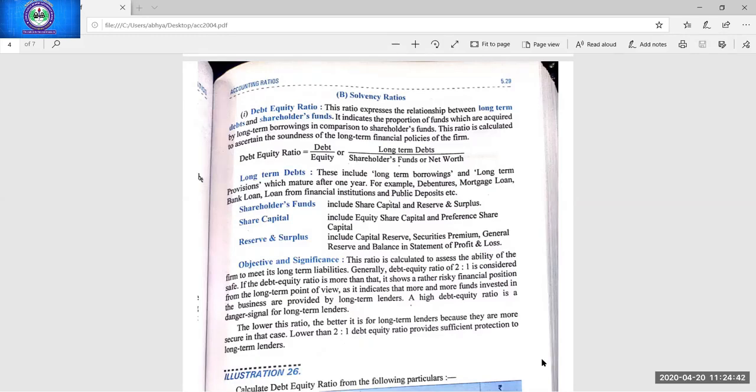Fourth, interest coverage ratio. First is the debt equity ratio. Second is total asset to debt ratio. Third is proprietary ratio. And the fourth one is interest coverage ratio. So these four ratios we have to do in this topic.